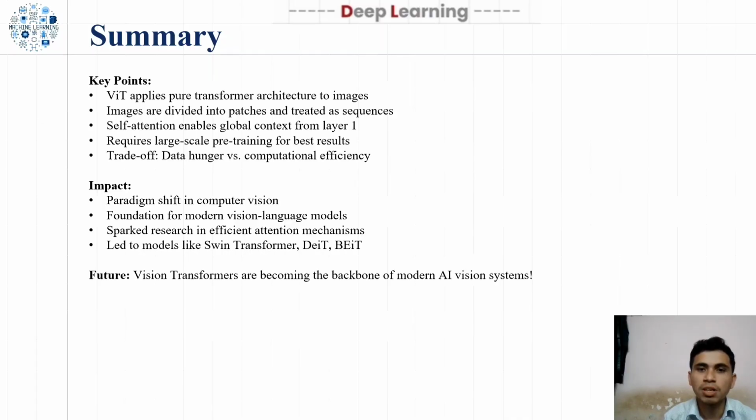They have become the foundation for modern vision-language models like SLIP and DALL-E. They have achieved remarkable success in research. Looking forward, vision transformers are increasingly becoming the backbone of modern AI systems.